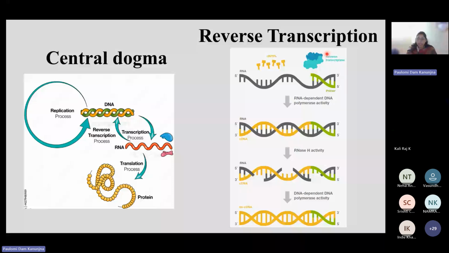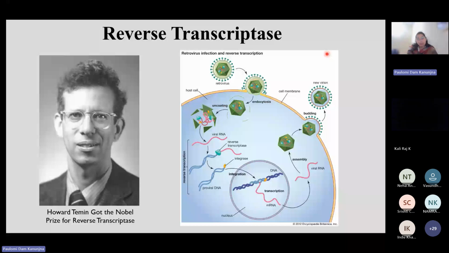So it's a DNA polymerase because it makes DNA, but it is RNA dependent because it is using RNA as its template. Okay. And if we talk about reverse transcriptase, as you remember, the professor in her lecture notes specifically dedicated some time to Professor Howard Temin, because he was the one who worked on this enzyme and he received the Nobel Prize for this. He was the one who suggested this entire reverse transcription process, right?